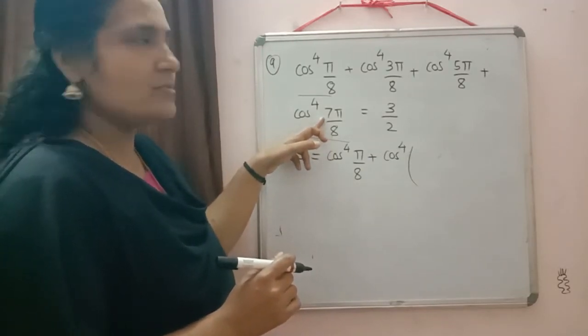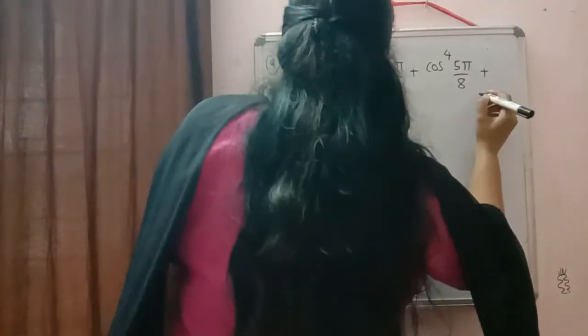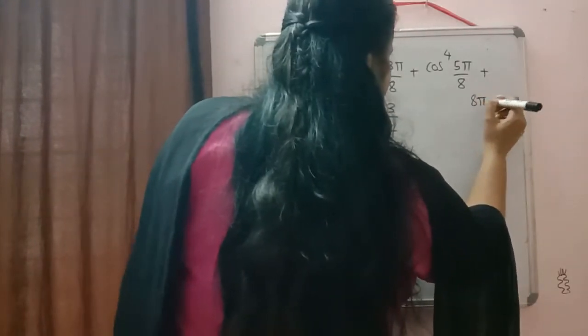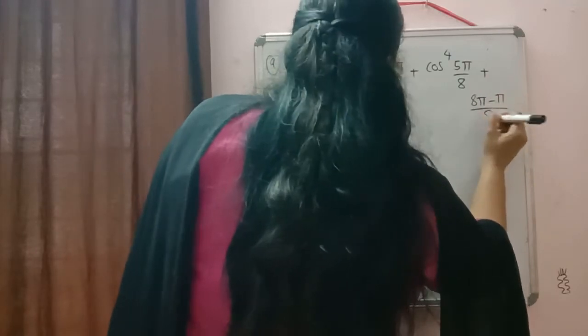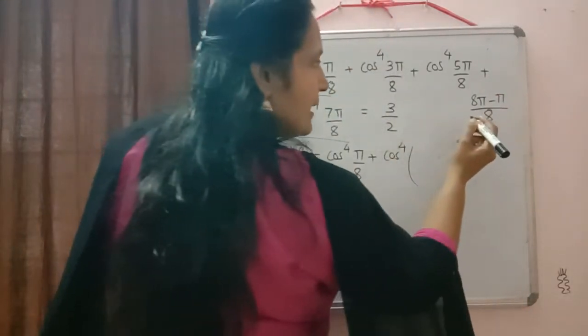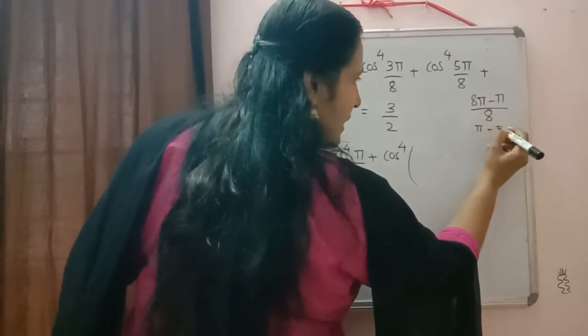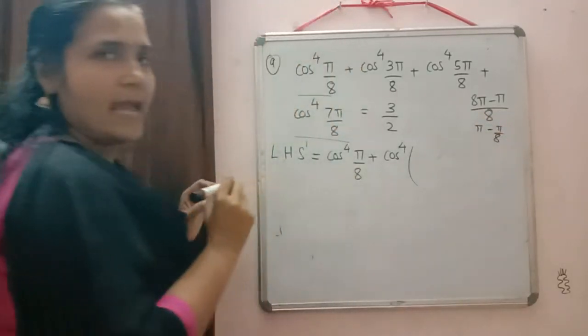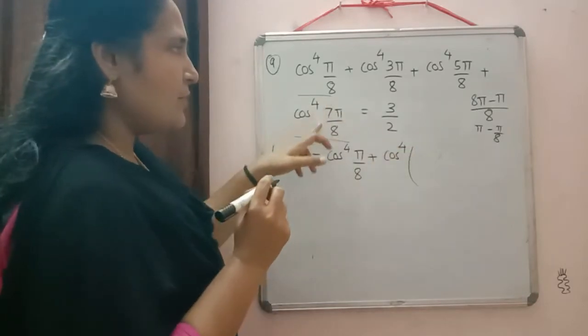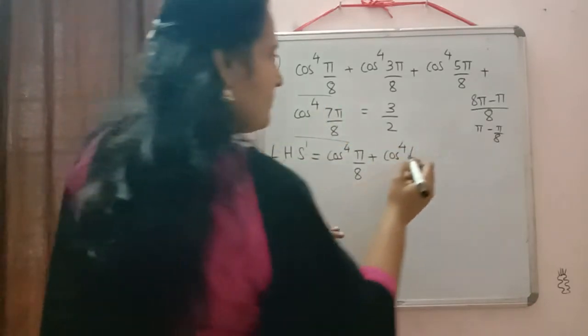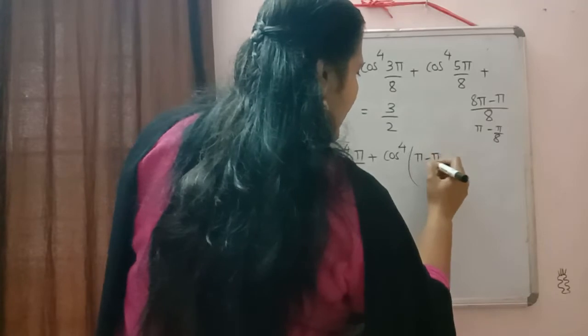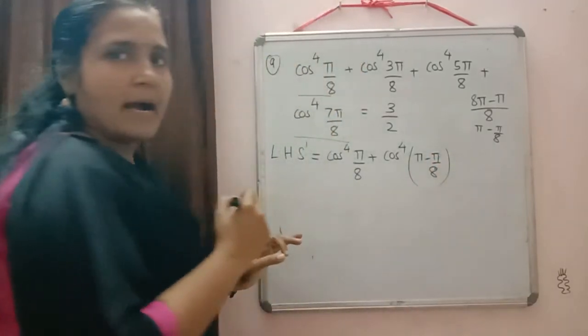Correct? Nearest to 7 is 8. So we are writing 7 pi as 8 pi minus pi by 8. Then 8 pi by 8 will be equal to pi minus pi by 8. So in place of 7 pi by 8, it can be written as pi minus pi by 8.